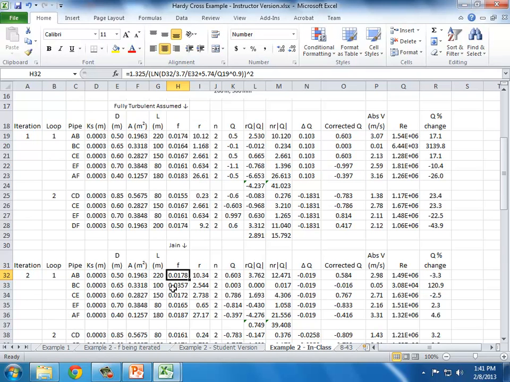So this Swamee-Jain equation F value will be based on the previous iteration's Reynolds number. You know, the most recent value of flow rate that we know is what we're going to use to calculate the Reynolds number. So if nothing else, you'll have enough time today to type in these column headings, and then we'll continue on to the meat of solving it today and through Monday.